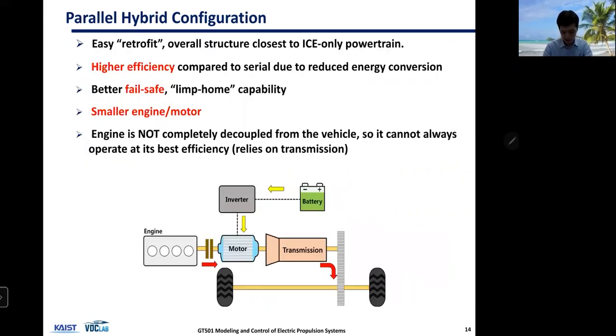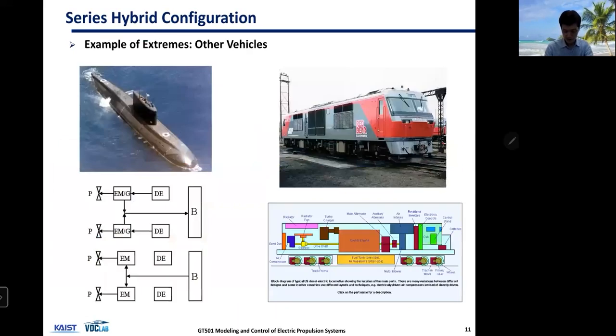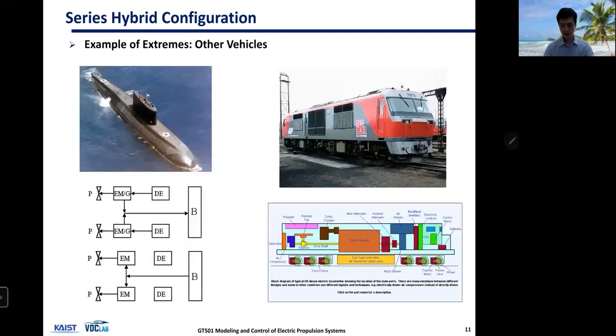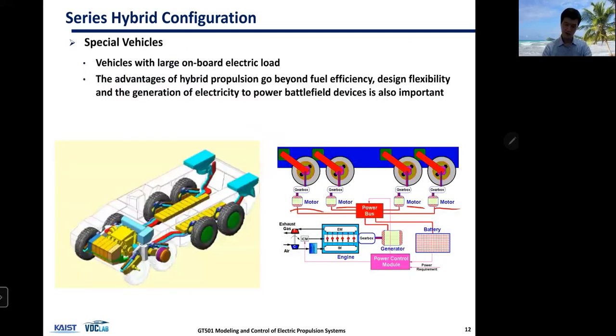But because of the disadvantages, such as low efficiency and large motor, this is usually critical, especially the cost. Weight, cost, size is a critical factor for passenger vehicles.